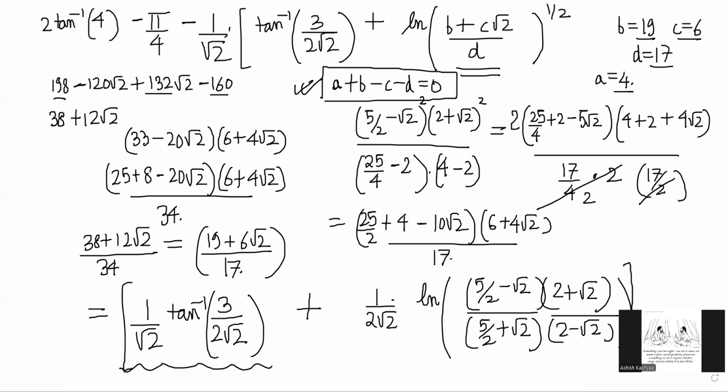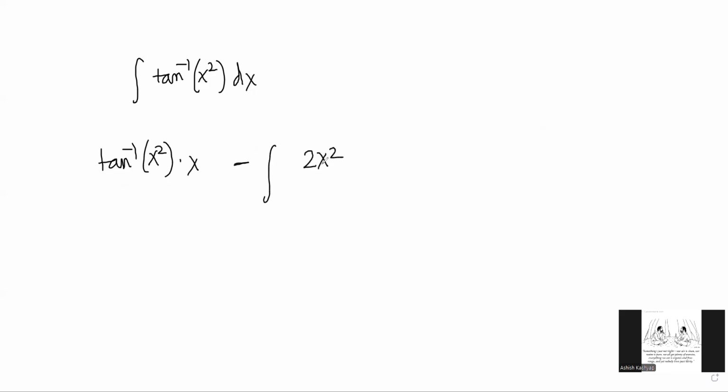Notice that the calculations were long for I1, but the idea for the integration was not very difficult. Tan inverse x square, how did we integrate this? We did integration by parts. We got this. We got 2x square by 1 plus x power 4.